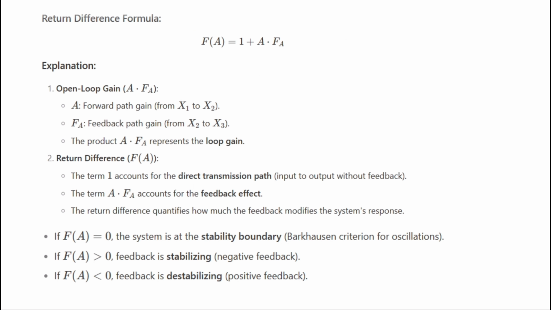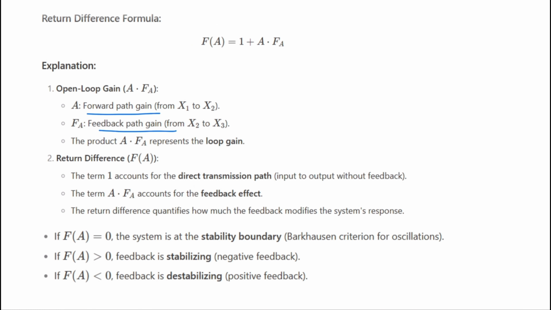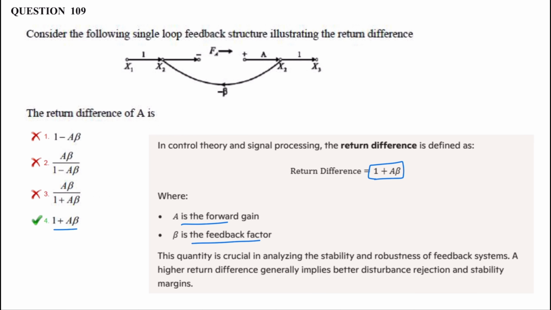So return difference formula is F of A is equal to 1 plus A into F suffix A, where F suffix A is feedback path gain and A is forward path gain. So in the question, forward path gain is from x1 to x2 and feedback gain is from x2 to x3, x3 to.